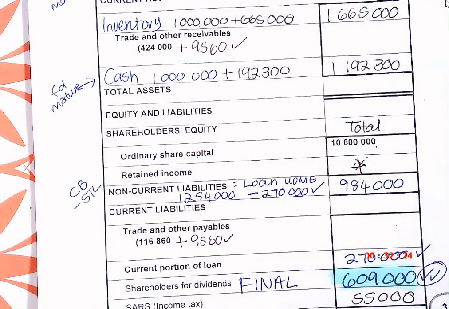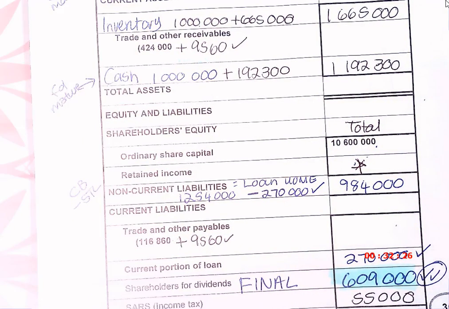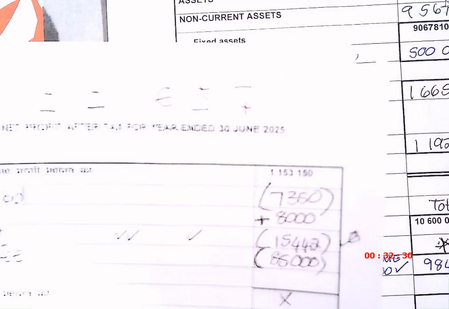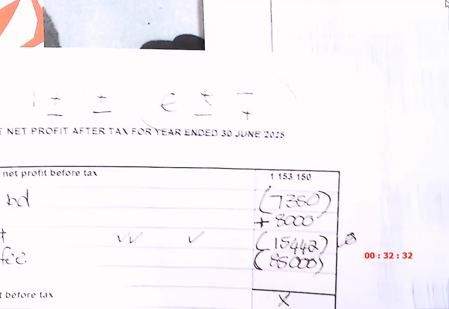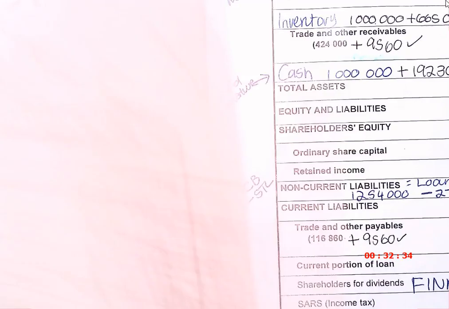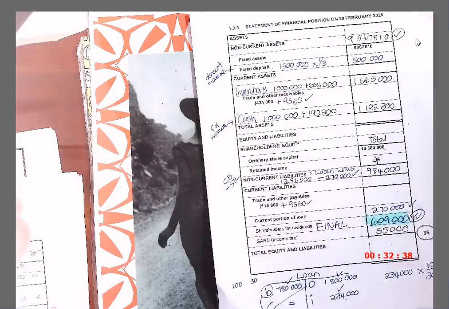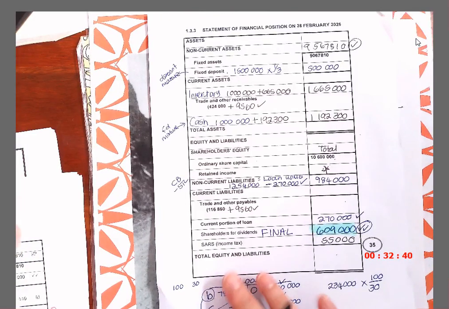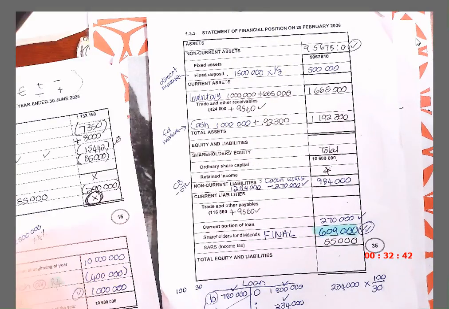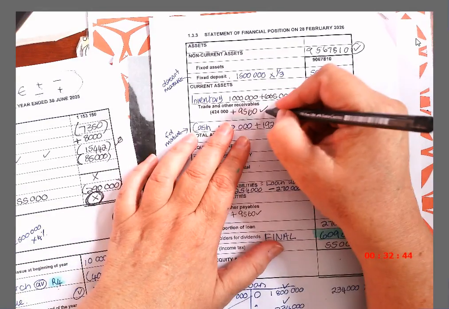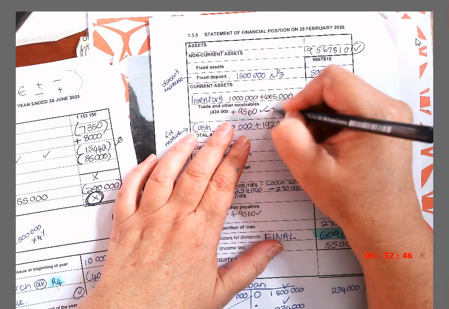So I take these things that I've just done. I know that provision for bad debts. Now, oh, let me make it smaller. Sorry about that. This bad debts, not bad debts, provision for bad debts must still be subtracted from my receivables.